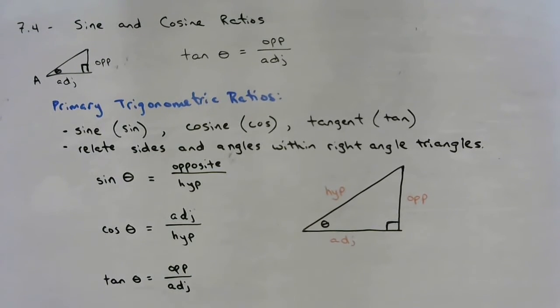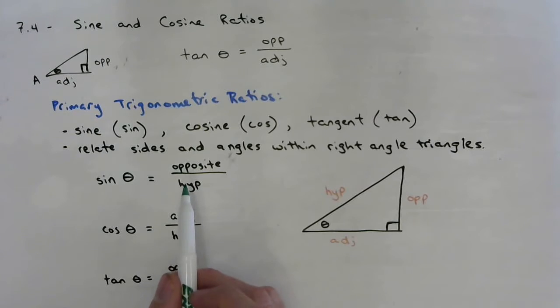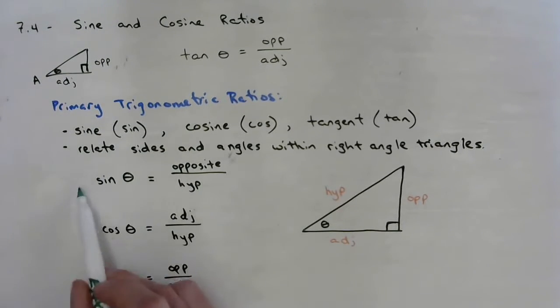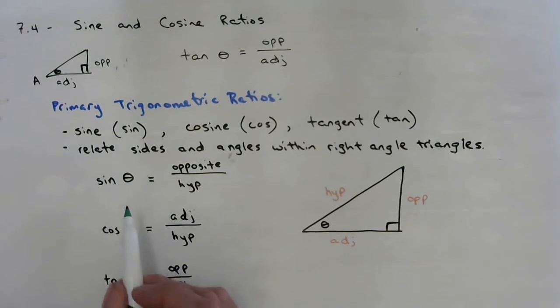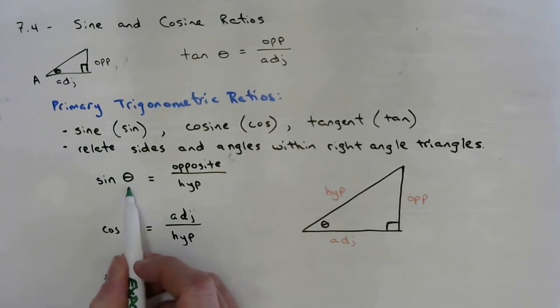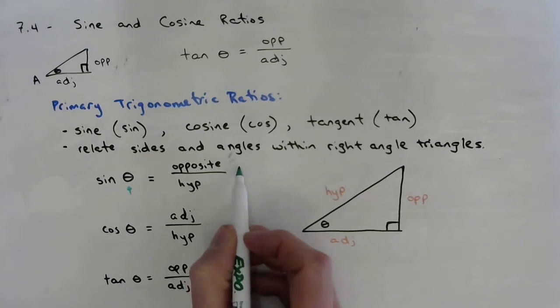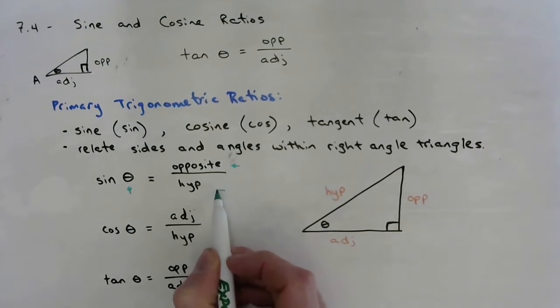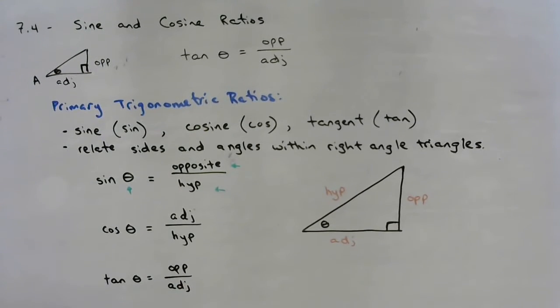That means if we just look at one of our sentences here, let's just consider this. There are three pieces of information involved in each of these math sentences. Here you have an angle, a side length, and a side length. That means if we know two of those pieces of information, we can always find the third piece.